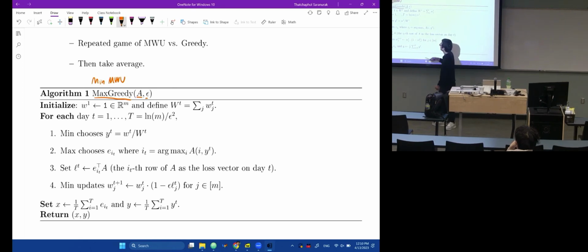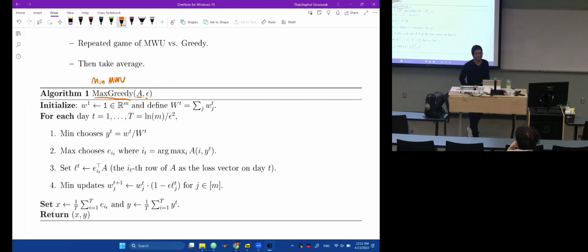Just try to choose the row that maximizes the expected payoff given y_t, given what min chose. So that's what they do. One player just does weight update, one player is greedy, and then once that is done, the weight update player needs to update its weight.